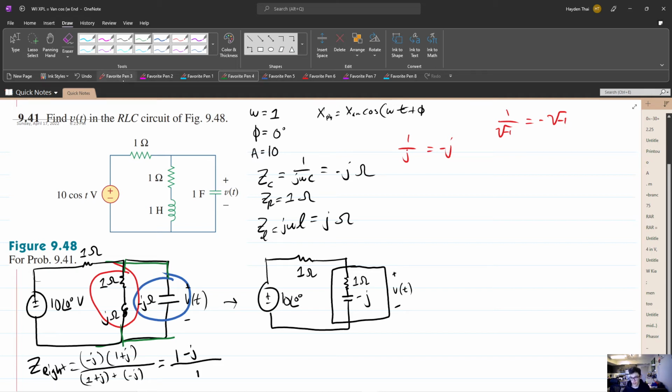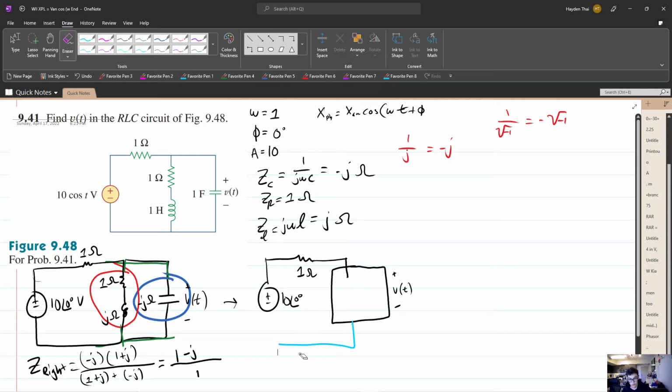So if that confuses you a little bit, one sure-handed way once you get to this last circuit is to just do KVL. This whole thing is 1 minus J. We'll draw it as a box for now, but really what we have inside of here is a resistor and a capacitor, so just humor me.